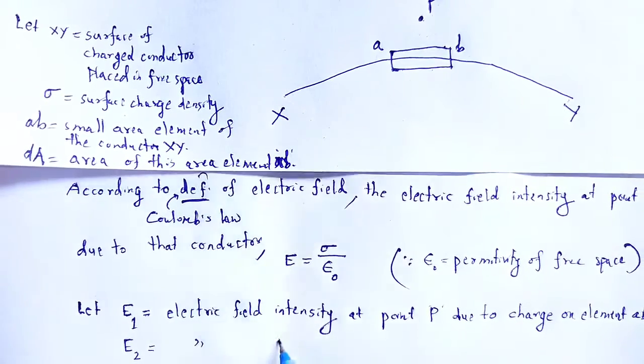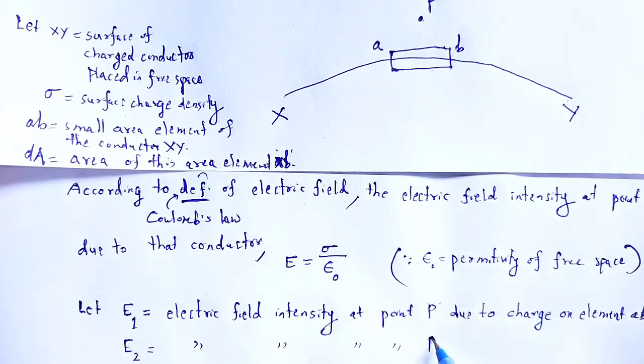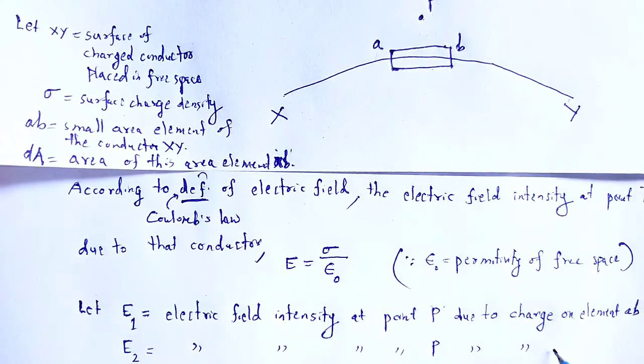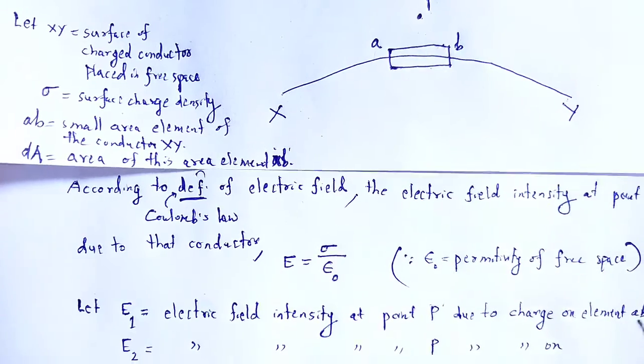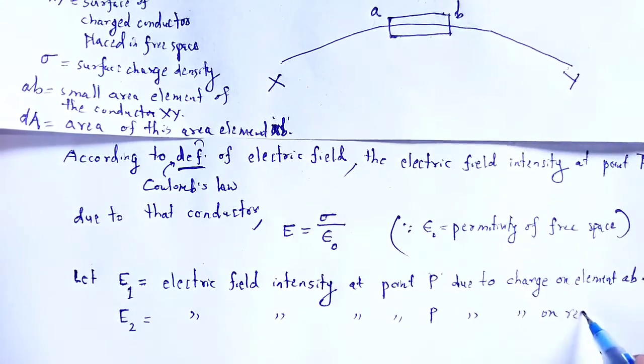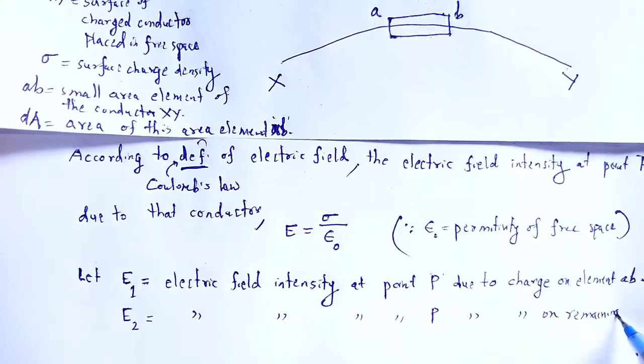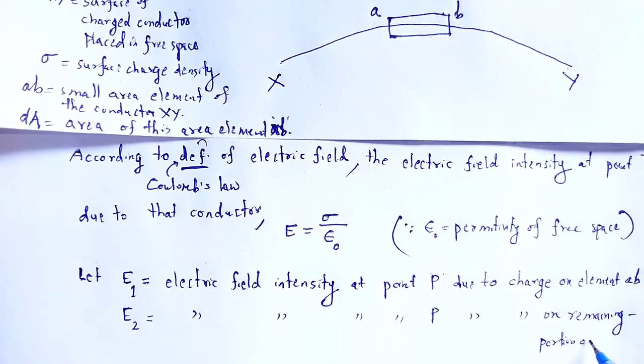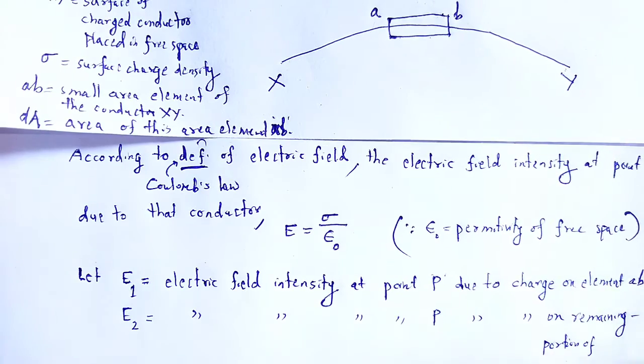And E2 is the electric field intensity at point P due to the charge on the remaining portion of the surface.